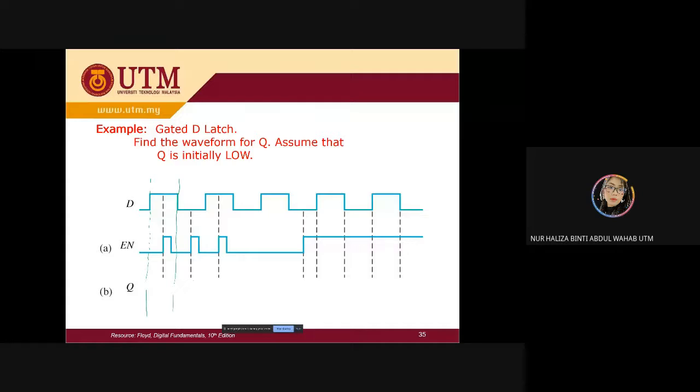Sorry, I don't have a ruler here. And again, in this question, it just shows the specific dotted lines because it knows the answer. But for us, we still don't know the answer. That's why we need to consider all changes for our input. Now we're done with our D. Our next input is EN. So here is another dotted line for EN.